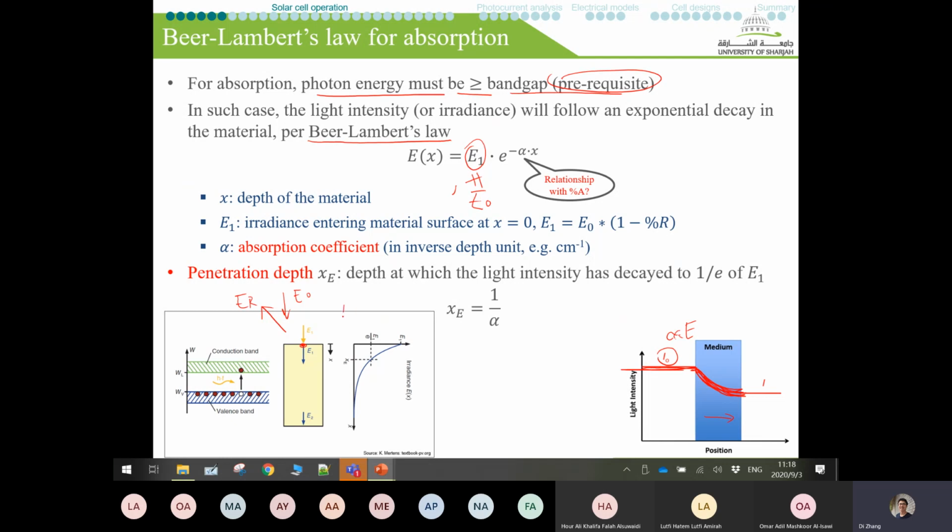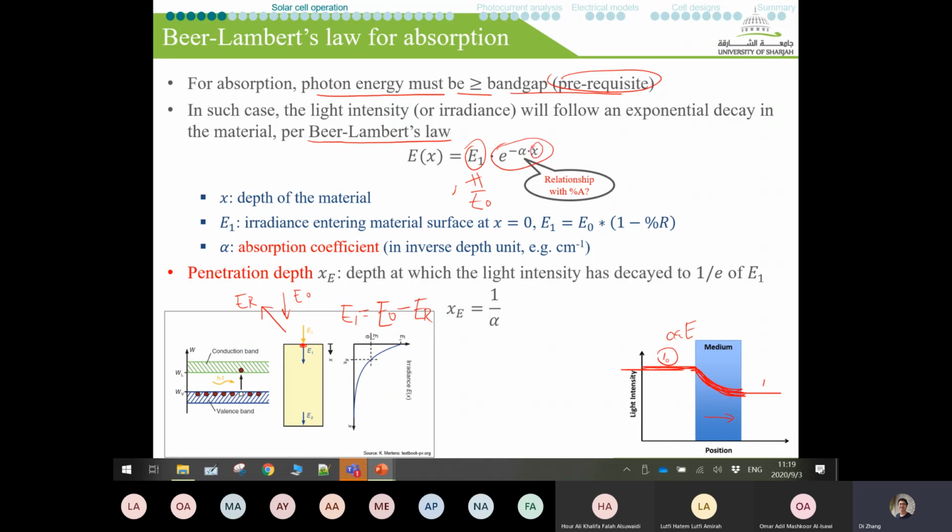So E1 equals the initial incident irradiance minus the reflected irradiance, because we just need to know the irradiance on the very surface of the material. From there, with the irradiance at zero depth, we multiply by an exponential decay related to the thickness.